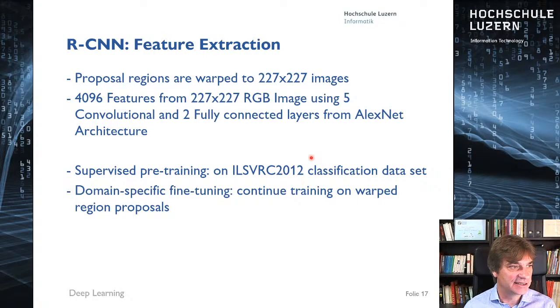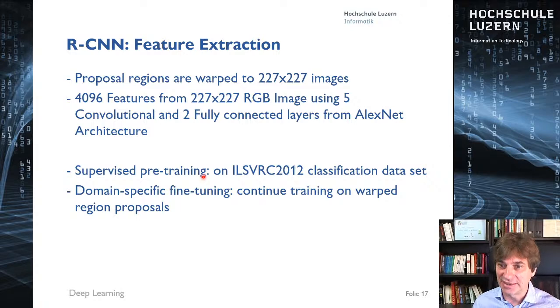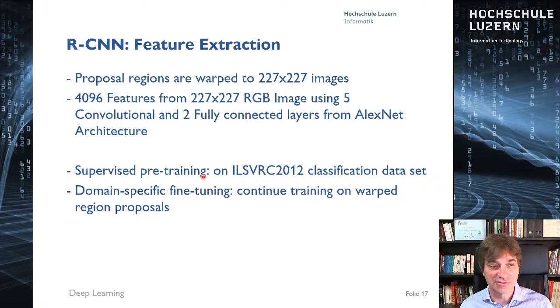In a bit more detail, the proposal regions are warped to images of a specific size, which was the size used by the AlexNet, and they actually used the first few layers of the AlexNet to extract a feature vector, and then used those features for a support vector machine. The network for the feature detection was pre-trained, so it was not trained on the actual data set for object detection, but on some other image classification set.